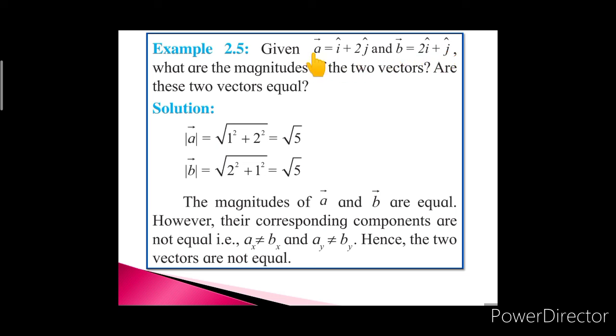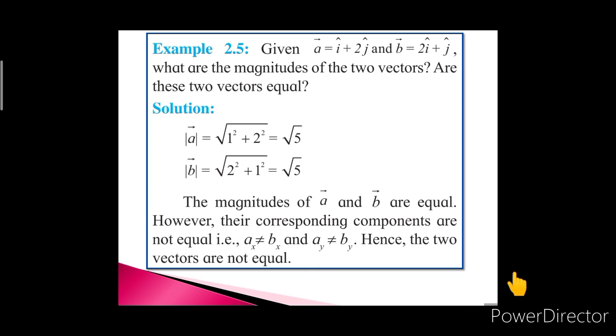We get the magnitude of vector A and vector B as root 5, which is the same, but their corresponding components are not equal, that is Ax is not equal to Bx and Ay is not equal to By. Hence we can say that the given two vectors are not equal.